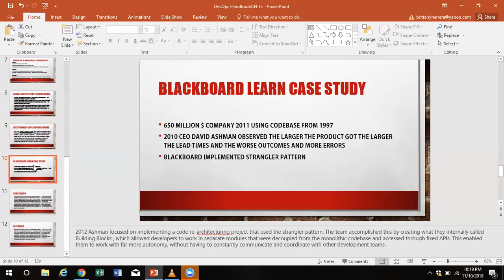The Blackboard Learn case study. It was a $650 million company. In 2011, they were still using a code base from 1997. The CEO, David Ashman, observed that they were having problems: the larger the product got, the larger the lead times got, the worse the outcomes, and the more errors. So they implemented the strangler pattern. He focused on a re-architecting code project where they used building blocks and were able to have people work independently.